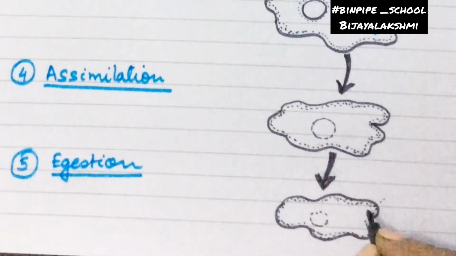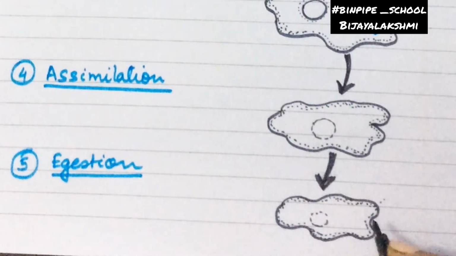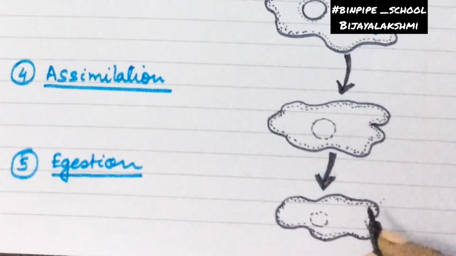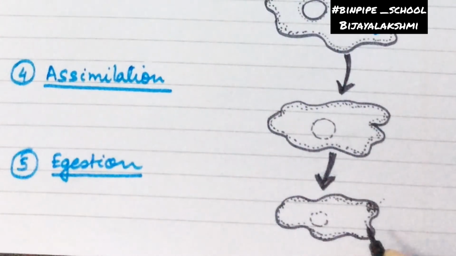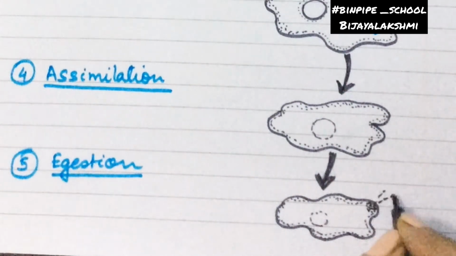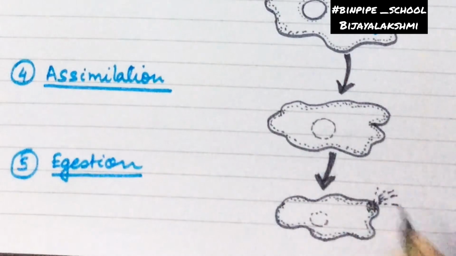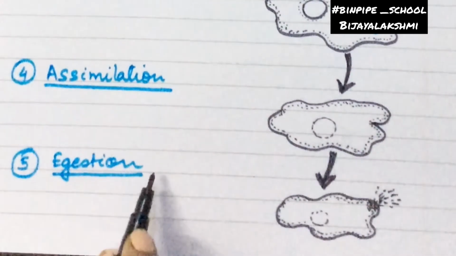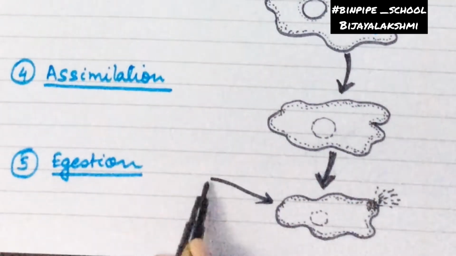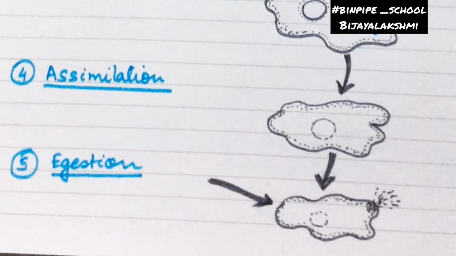Since amoeba doesn't have any specialized organ or part that helps to remove the undigested food, a considerable amount of undigested food gets accumulated at one corner of the cytoplasm, and this undigested food suddenly ruptures out or is thrown out of the cell body, you can say. So this is called egestion, the step that follows assimilation.